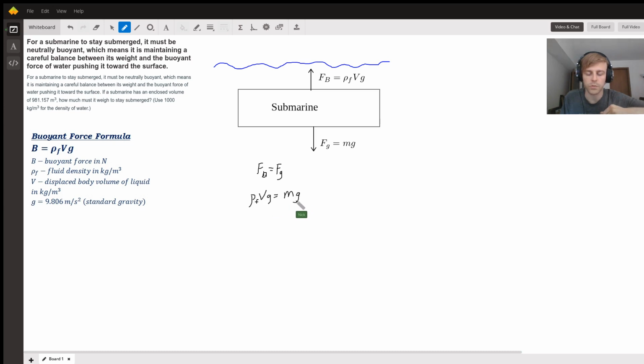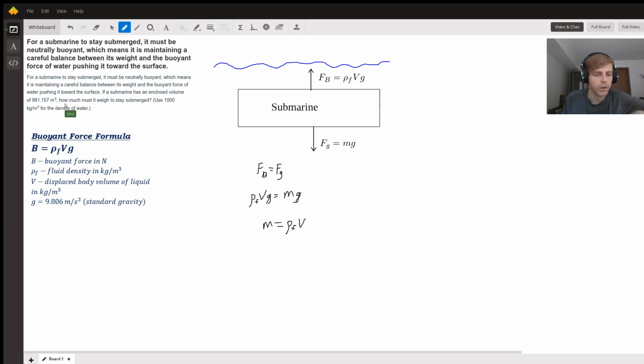And then we have mg. As you can see, we can cancel g. And what we find then is that m, switching the order a little bit, is equal to the density times the volume.